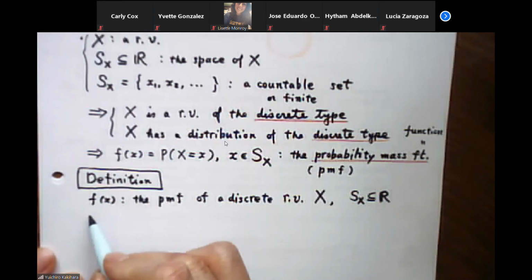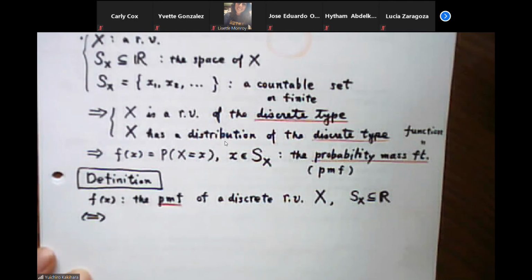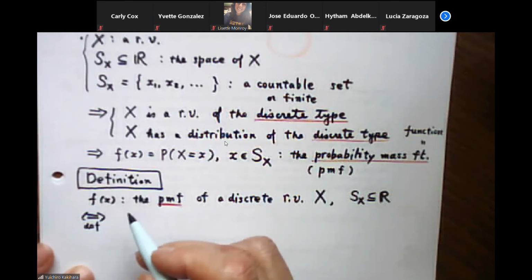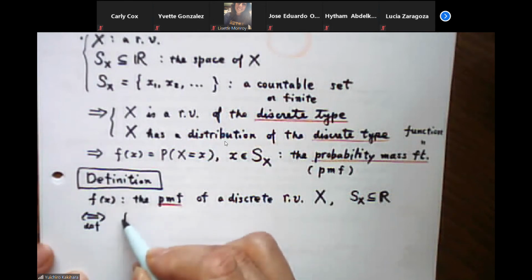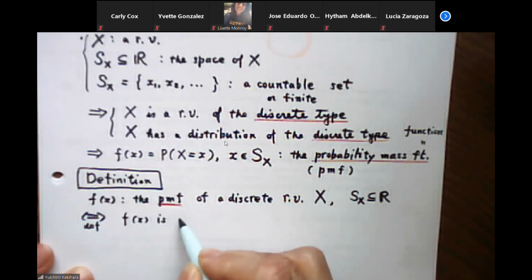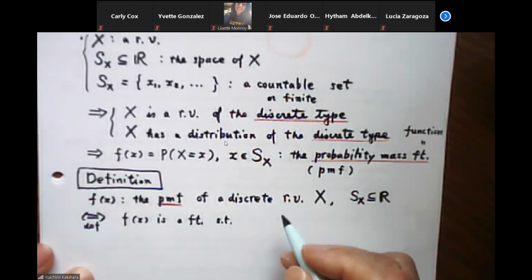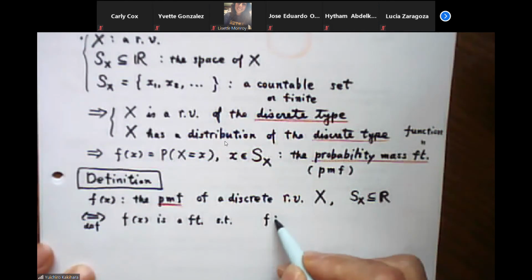And then this is a PMF of a discrete random variable. So PMF, this is the definition, PMF. When in this case. This is a definition, okay? Definition is f of x is a function. Function such that. So of course f is a function from where to where?